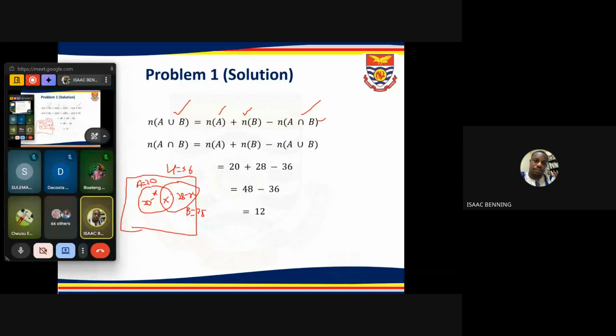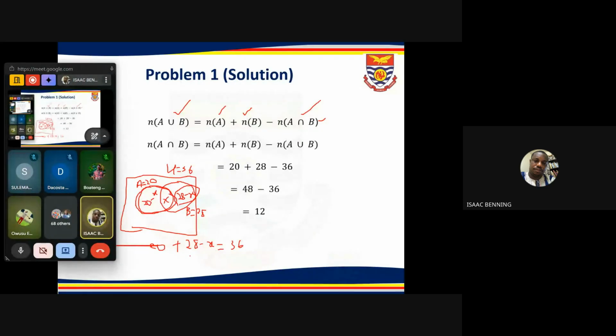Now you know that when you consider set A, all the elements, when you put them together, it should be 20. So we can write 20 plus, then we take the other element left, which will be 28 minus X, equal to the universal, which is 36.